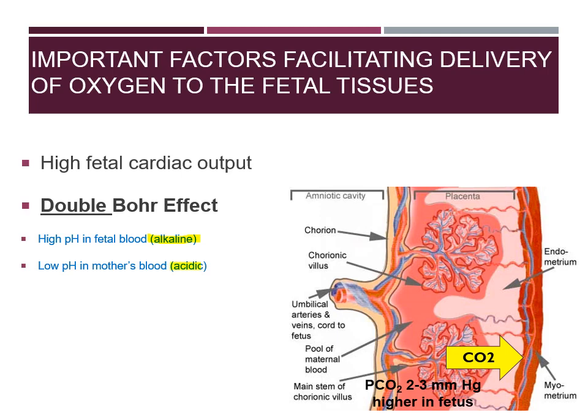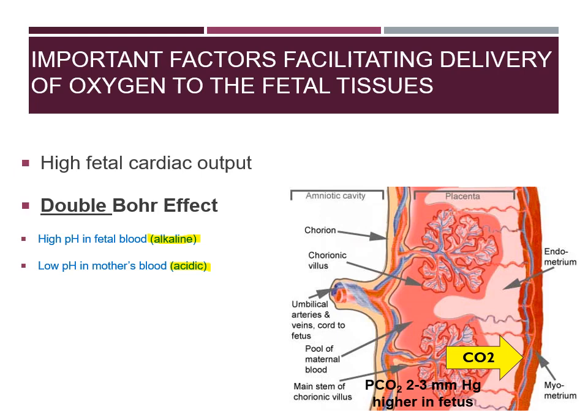In the mother's blood, taking carbon dioxide when it is diffused into the mother's blood due to the concentration gradient, of course, this will leave the pH of the mother's blood more acidic, and that will induce dissociation of oxygen from the maternal hemoglobin due to the Bohr effect.